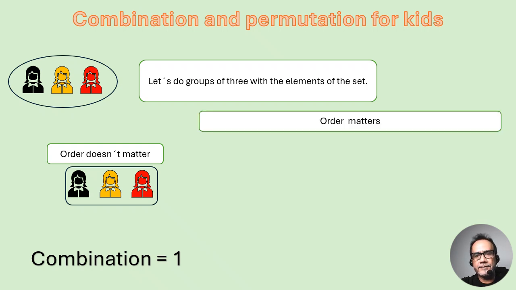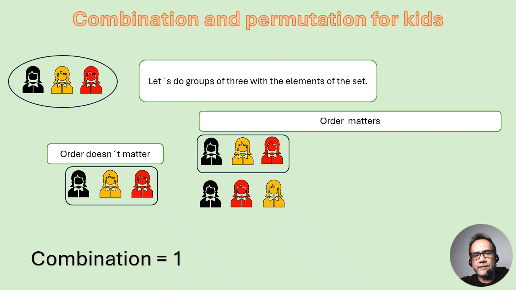If the order matters, let's see the groups that we can form. We can take the black and yellow elements and the red one and form the first group.